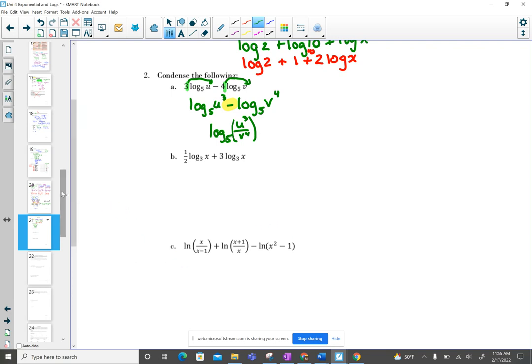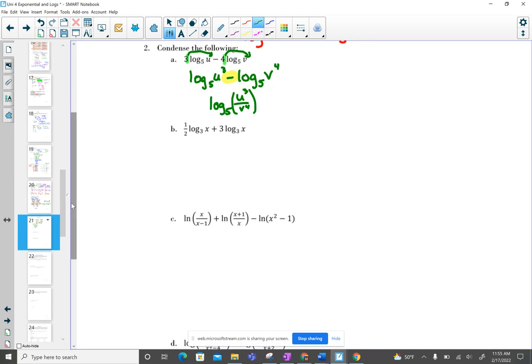Okay, let's try another. We see these numbers in front, so we're going to bring them up high, pick it up. So this becomes log base 3 of x to the 1/2 plus log base 3 of x cubed.